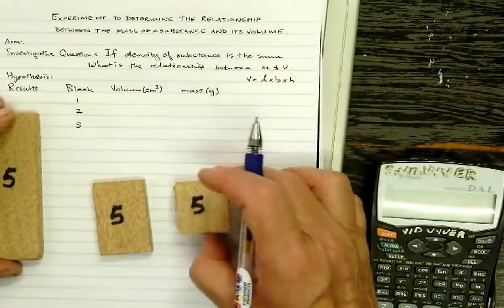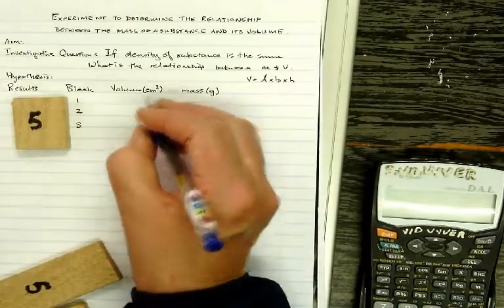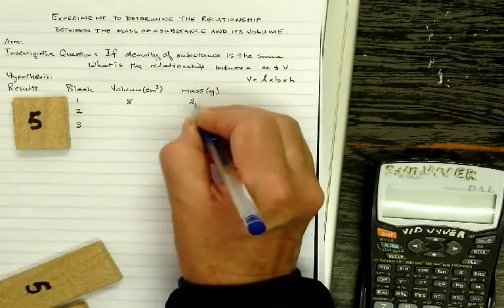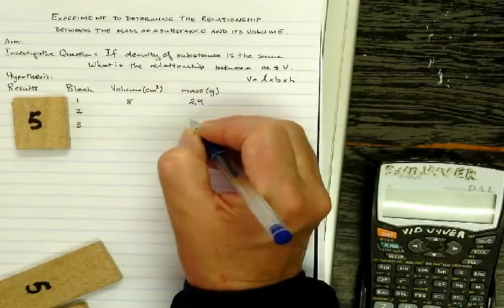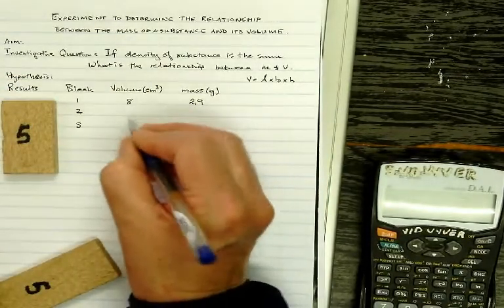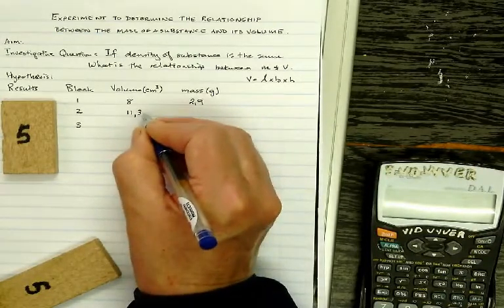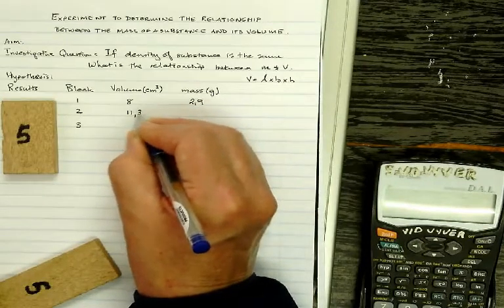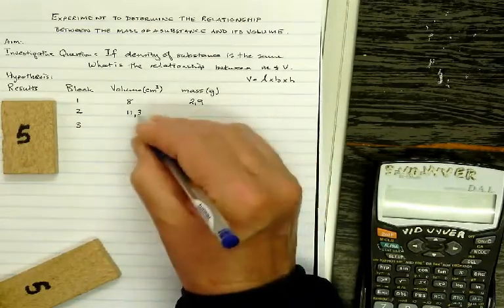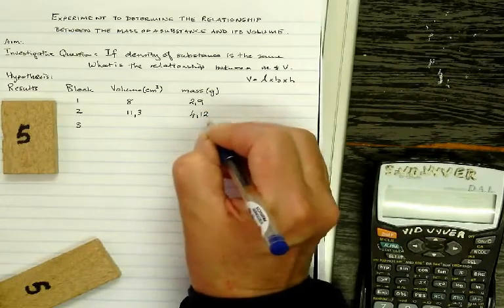Our first block is this one. It has a volume of 8 cubic centimeters and a mass of 2,9 grams. Our second block, which is this one, has a volume of 11.3 cubic centimeters, and we could round this value down to 11, and the mass was 4.12.